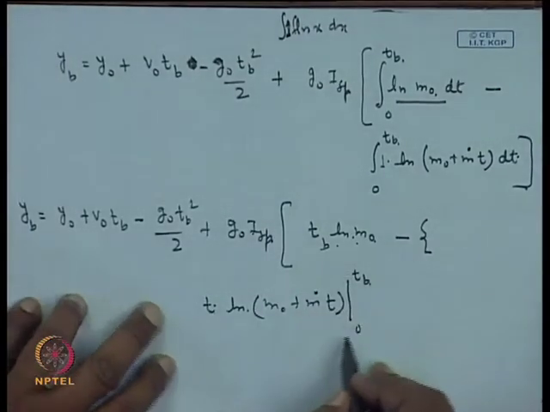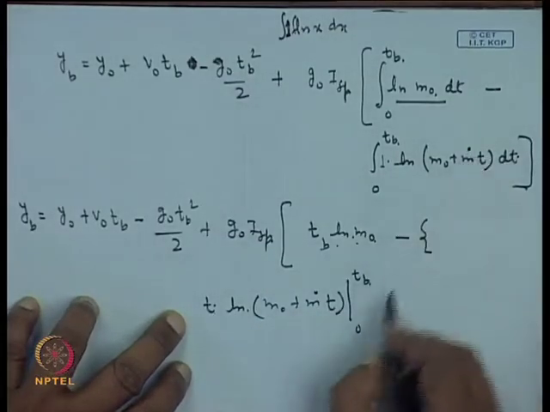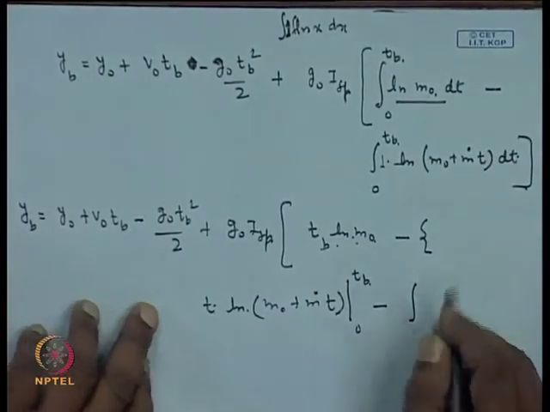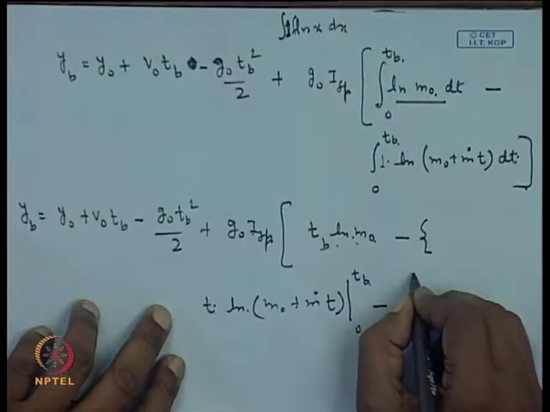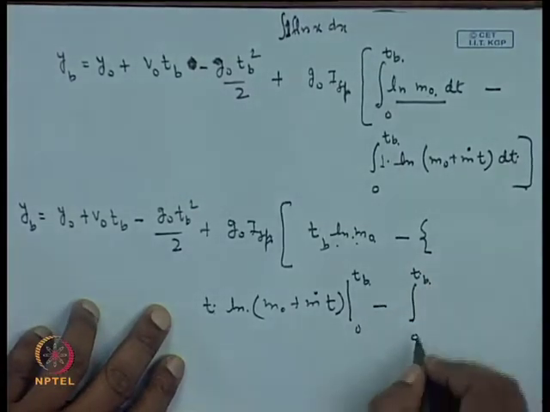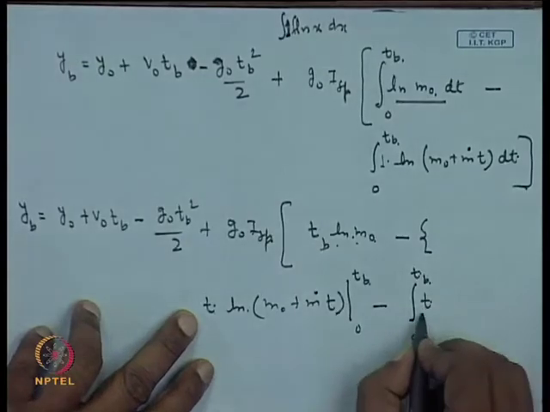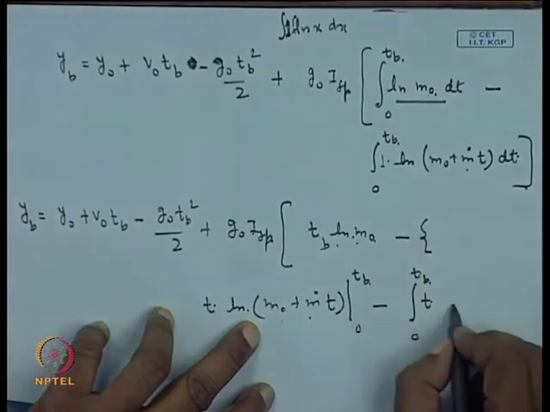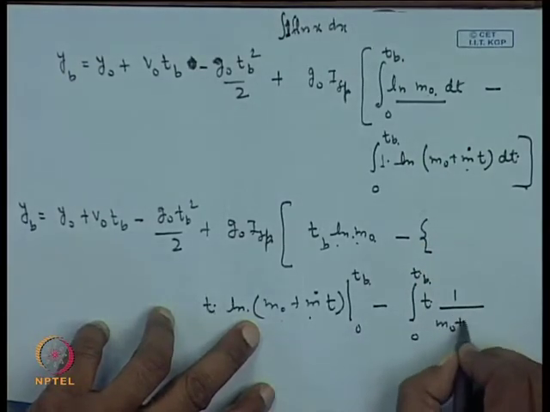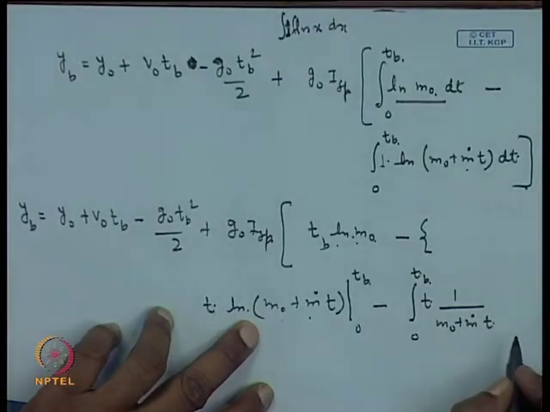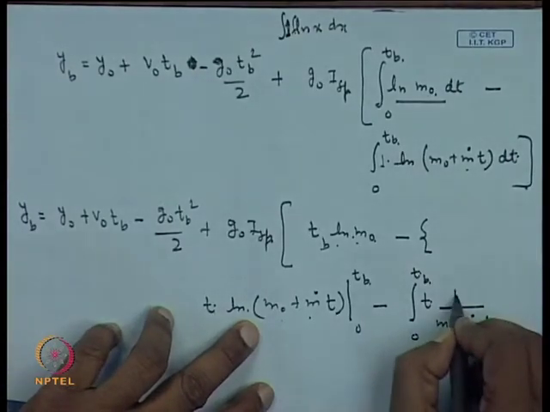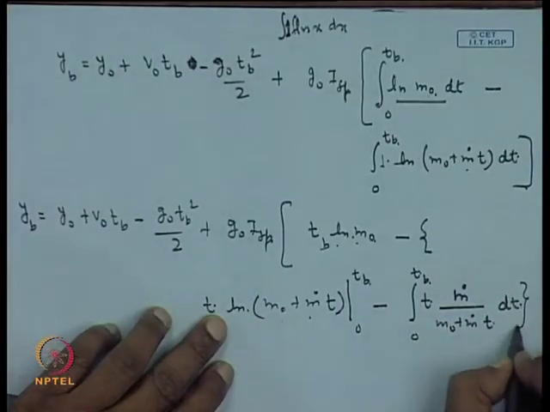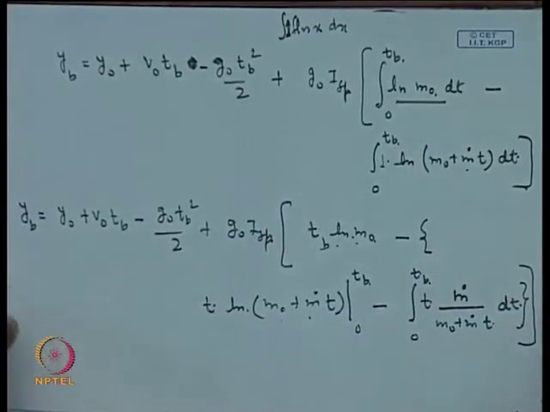We put this inside the curly bracket, and then minus the integral from 0 to T b. The t term appears here, the differential of this term. The differential of ln (m 0 plus m dot t) will be 1 by (m 0 plus m dot t), and once we differentiate, m dot will appear, and this is dt, inside the curly bracket, and then the bigger bracket closed.